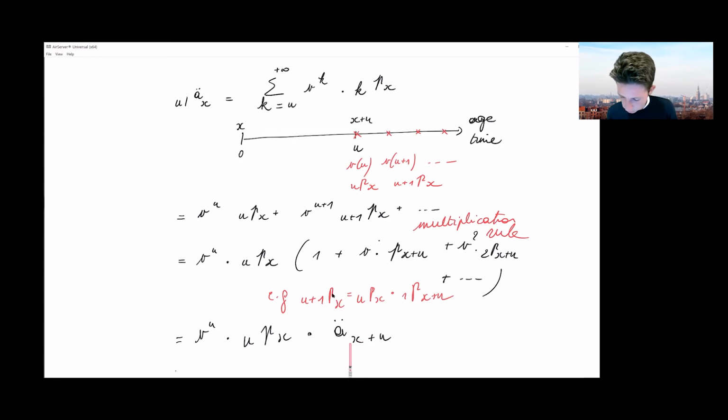You've got the corresponding product issued to an X plus U year old, but if you need to value this deferred product at time 0, you still need to multiply with the actuarial discount factor, and you need to go from time U to time 0 with a V to the power U, but also with this survival probability, the UPX. And here you see where these summation formulas are coming from, right?